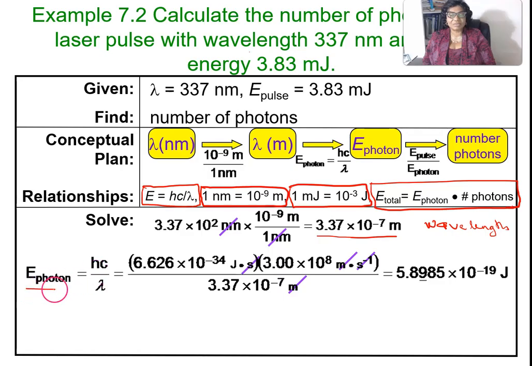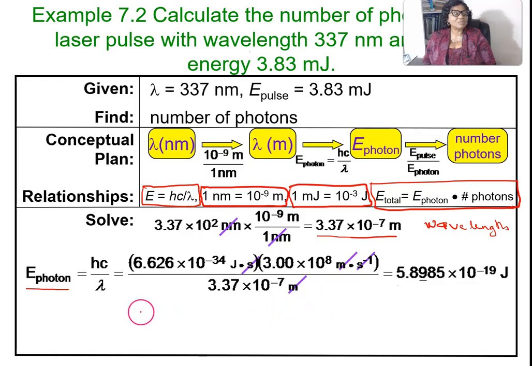So this is our Planck constant. Take care of the units. So the units cancel meters, and we are left with joules. So the energy of the photon is 5.8985 times 10 to the minus 19 joules.